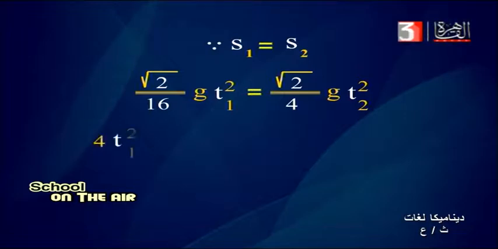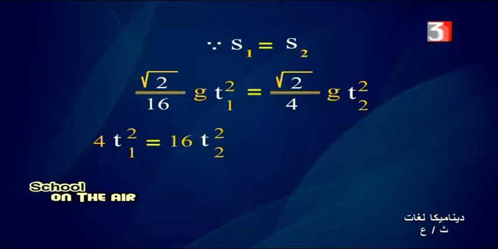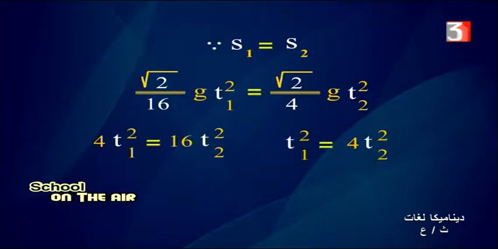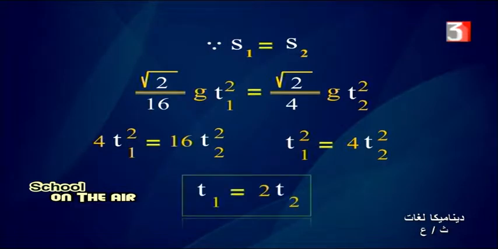Then 4 t1 power 2 equals 16 t2 power 2, and t1 power 2 equals 4 t2 power 2. The square root of t1 power 2 equals t1, and the square root of 4 t2 power 2 equals 2 t2. Then the time taken in the first case equals twice the time taken in the second case.